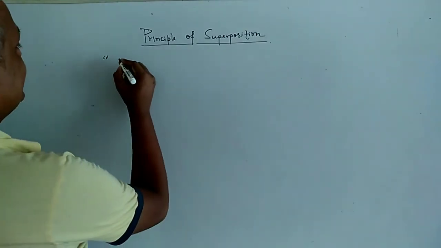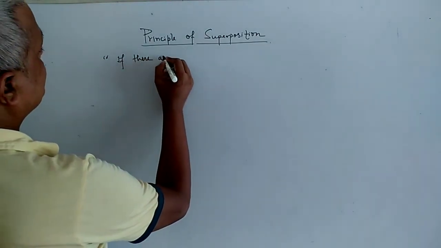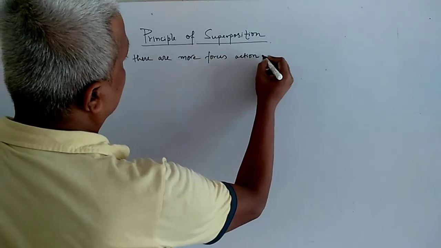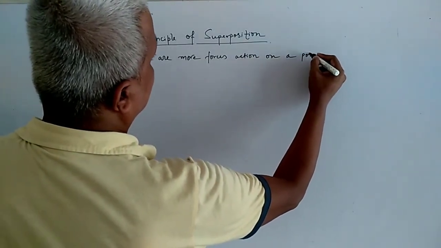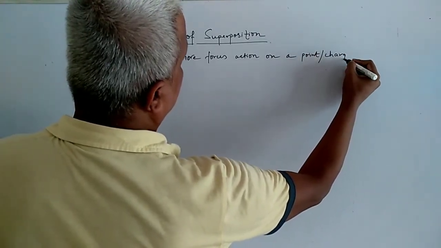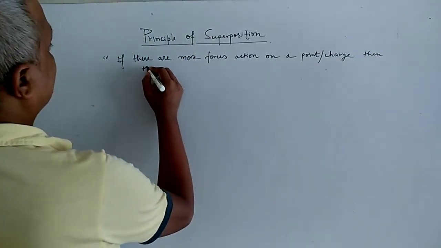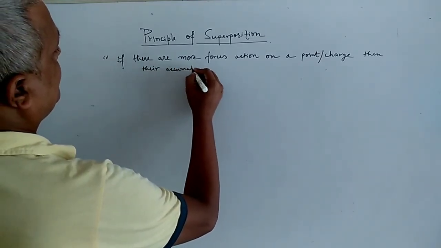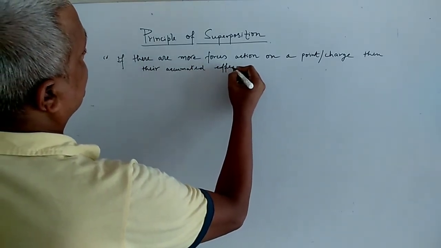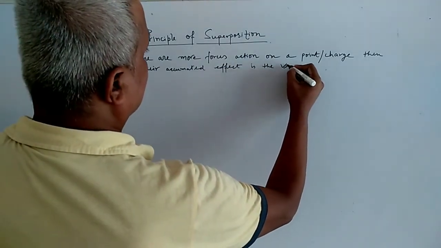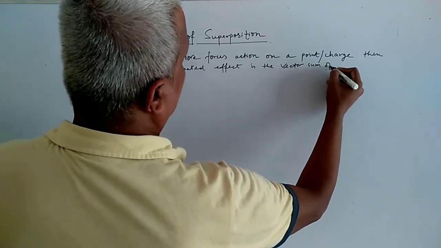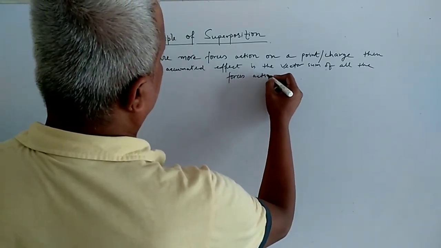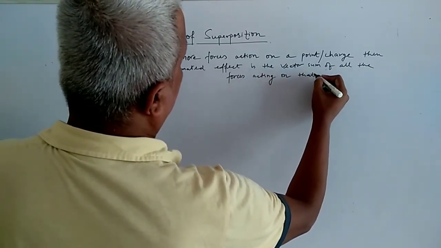That if there are more forces acting on a point or charge, then their accumulated effect is the vector sum of all the forces acting on that point.